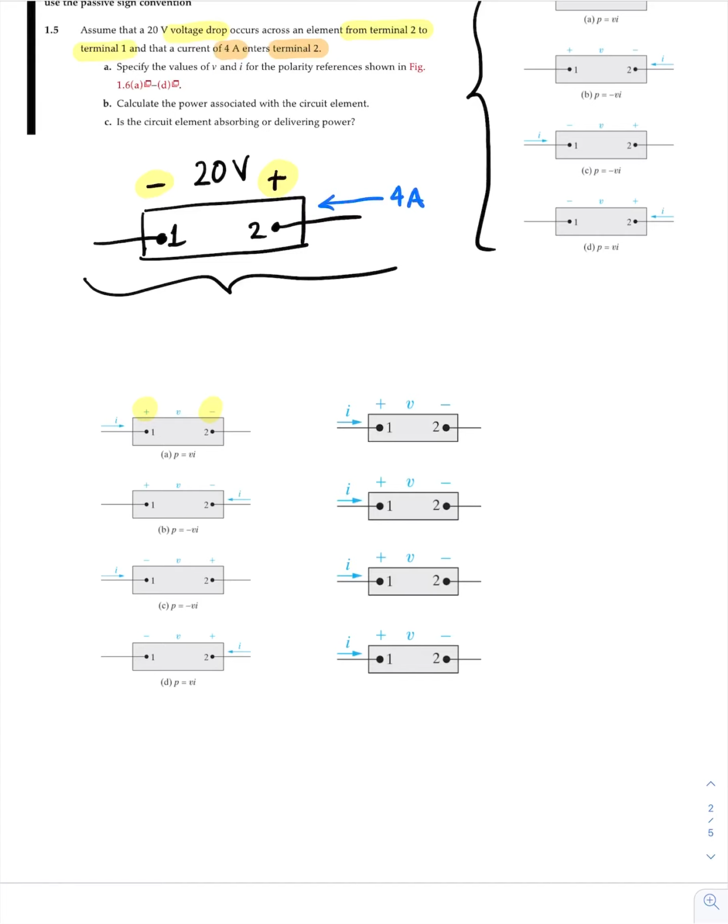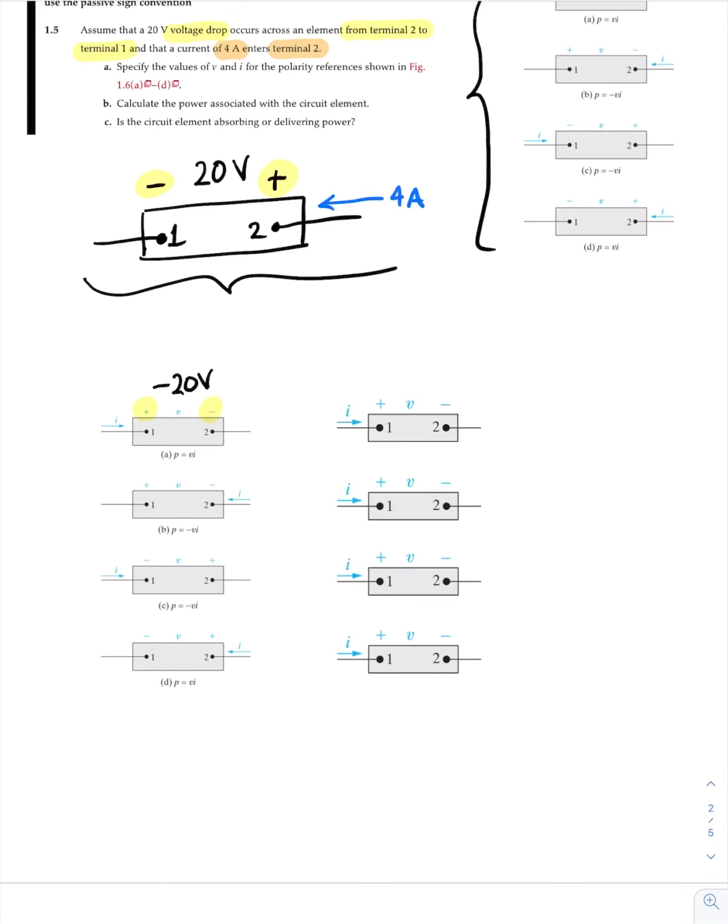So since it's the opposite, we would change the sign. So in this circuit element, it would be minus 20 volts in the polarity given.